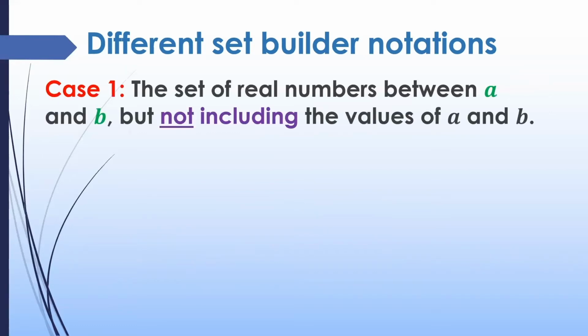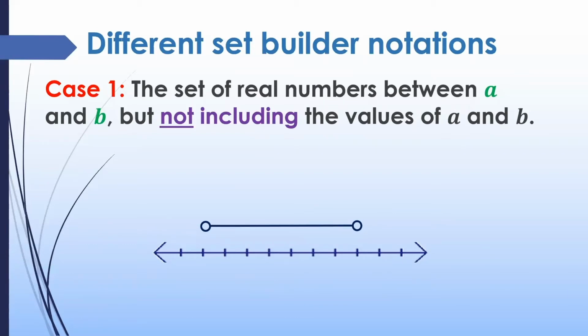So the first case, the set of real numbers between A and B, but not including the values of A and B. So you will recall that on a number line, this means that I'm going to have 2 unshaded circles at A and B. So this will be the representation on a number line.